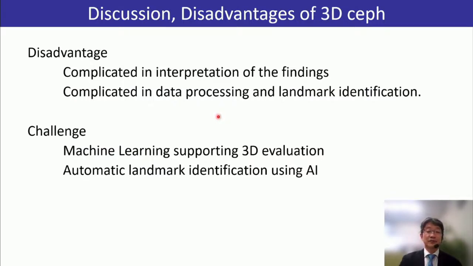So we are afraid that the audience may hesitate to do this. So we apply machine learning and AI in data evaluation and landmark identification to facilitate our process and data analysis.